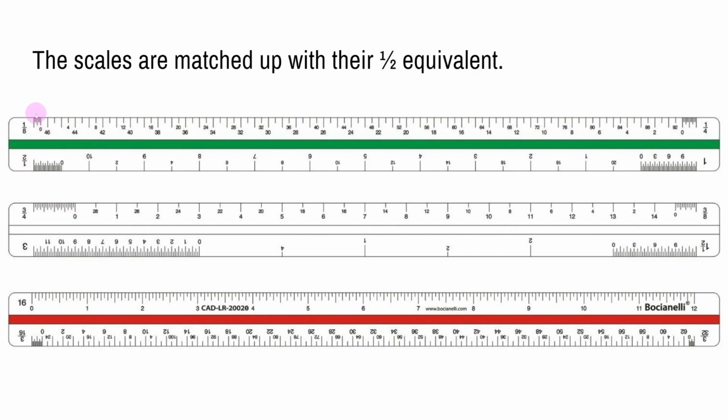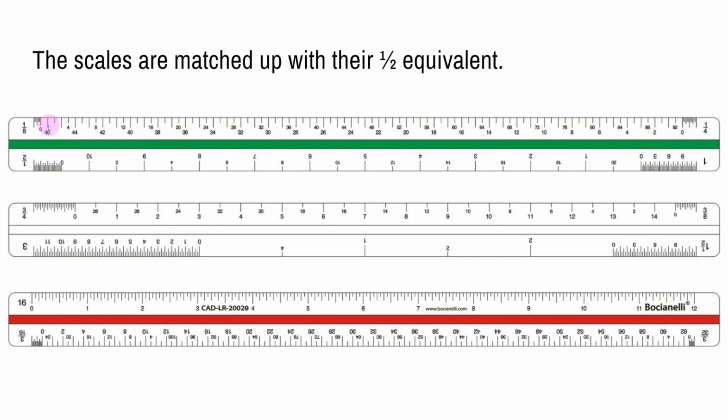Now, with that half equivalent, we can then label fewer of the tick marks, and we can also borrow from the other side of it. So even though on this 1/8 inch equals a foot scale, we only have every 4 feet labeled, so it goes 0, 4, 8, 12.